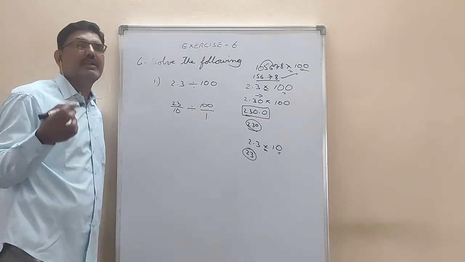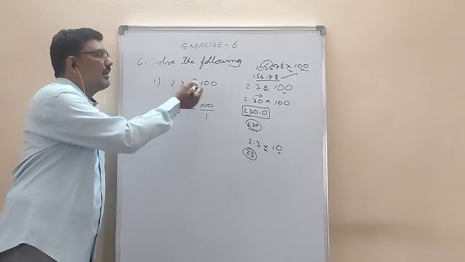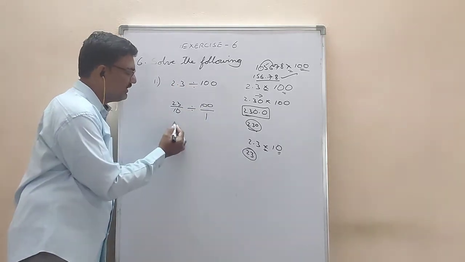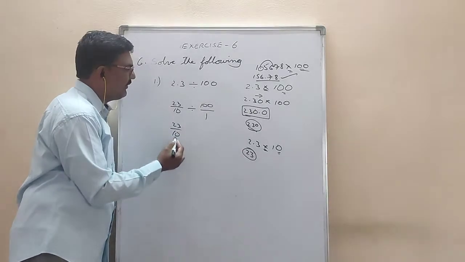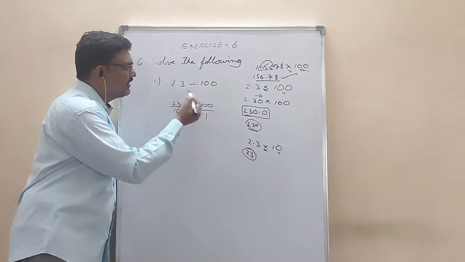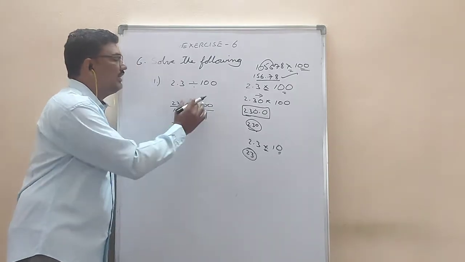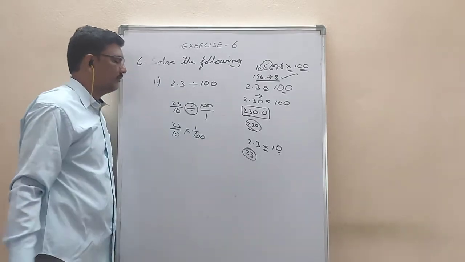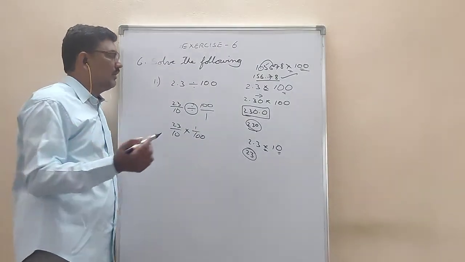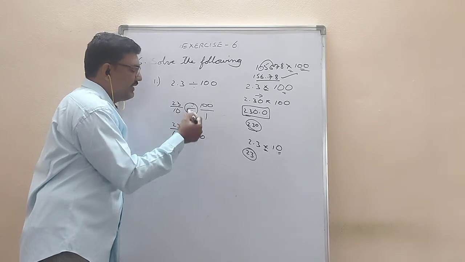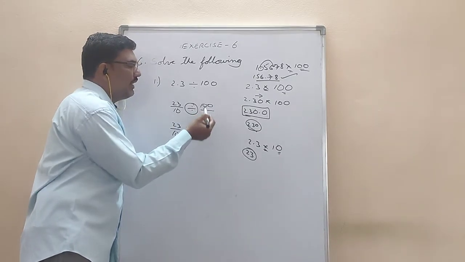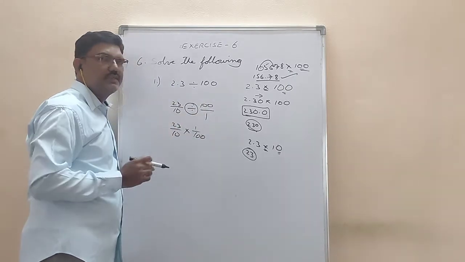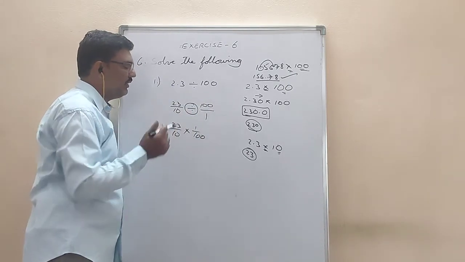Like 2 means 2 by 1, 100 means 100 by 1. Next step: 23 by 10, and divided by should be changed into multiplication, and the fraction after it should be reversed. So 100 by 1 becomes 1 by 100.